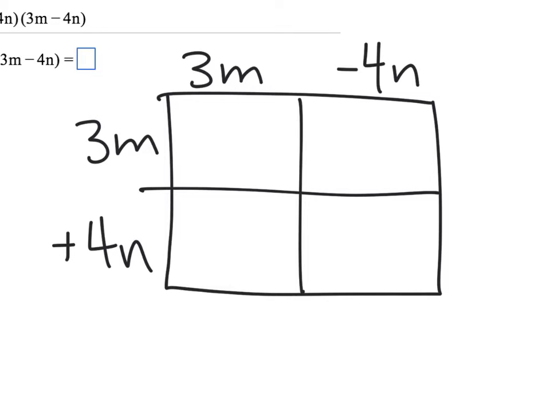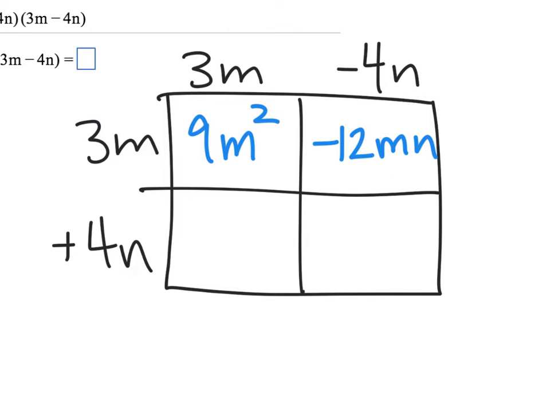And so 3m times 3m, there's our 9m squared. Right here is going to be negative 12mn. Technically, you could have put the n first and then the m. Traditionally, we do it alphabetical, but it doesn't matter. They're the same. So down here, what is this going to be?